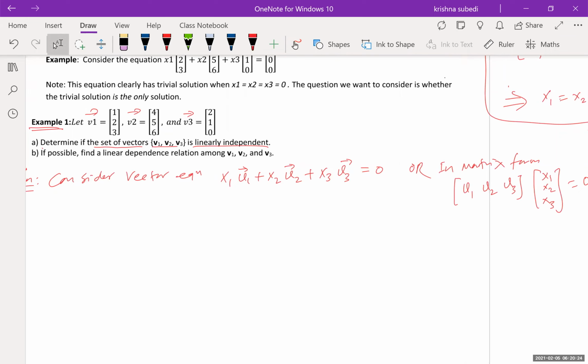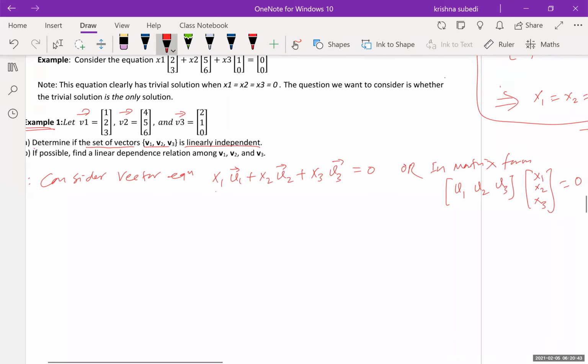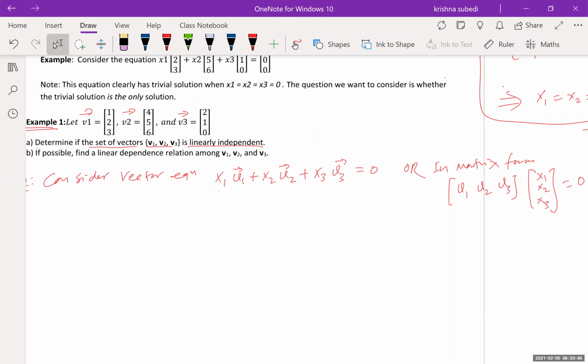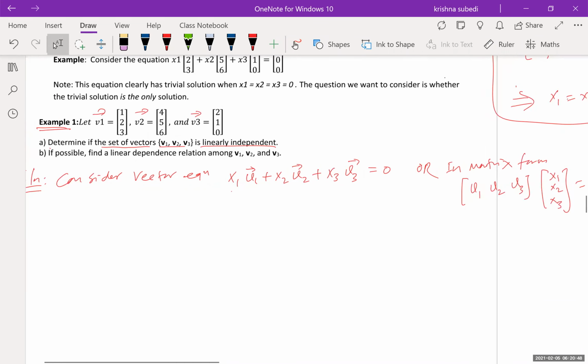Now the question is, if x1, x2, x3 are all 0, then we call the vectors linearly independent. So we need to figure out the values of x1, x2, x3. In other words, we need to solve this system of equations. How do we solve it? What are x1, x2, x3?